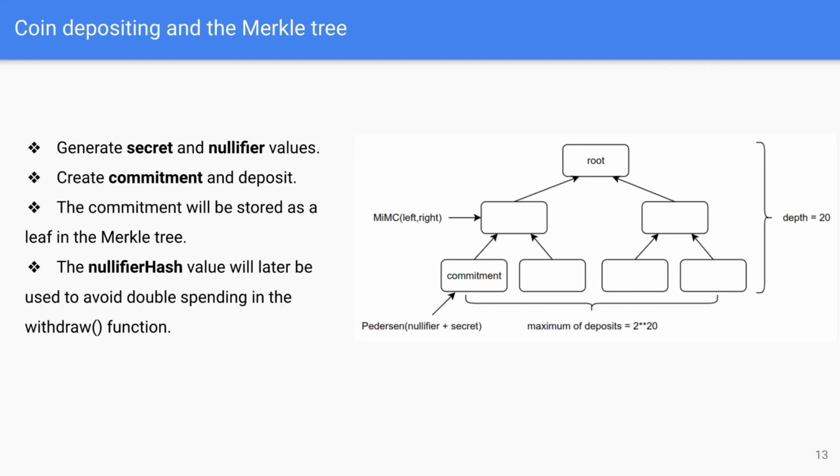The current depth of the Merkle tree is set to 20, so the maximum number of deposits would be 2 power 20. The hash of the nullifier value would then be used in the withdraw function to avoid the double-spending problem.